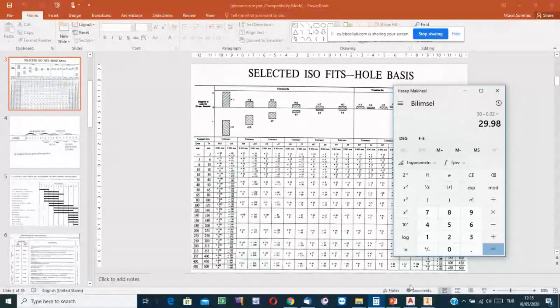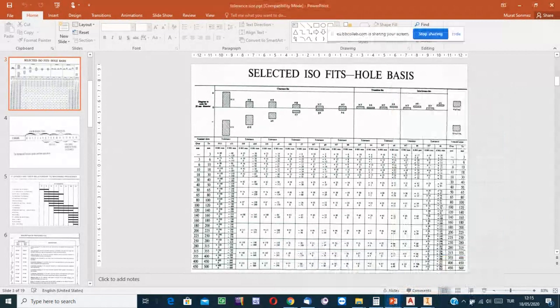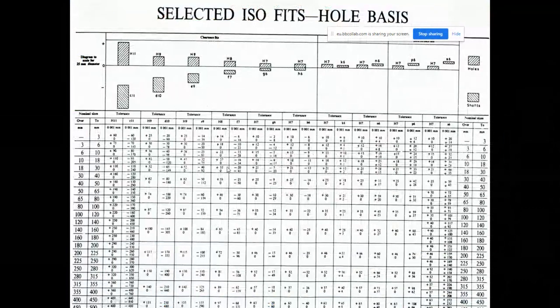Okay, that is it. For functional dimensions, this is the thing to do for determining upper and lower limits, my dear students. I think the given example became clear enough to answer the question: knowing the IT grade, how we can determine upper and lower limits for functional dimensions.